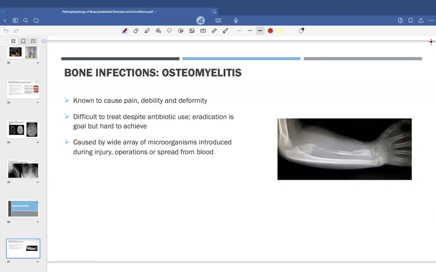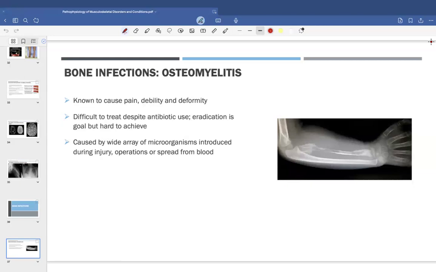So what do they end up doing in those cases? IV antibiotics and replacing it or removing the prosthesis, treating them for long periods of time. Right? When somebody had a hip replacement or a knee replacement and it gets infected and they have to take it out, they're not able to walk.